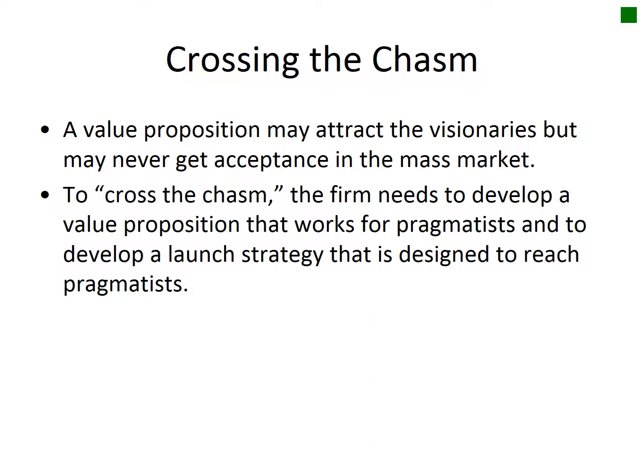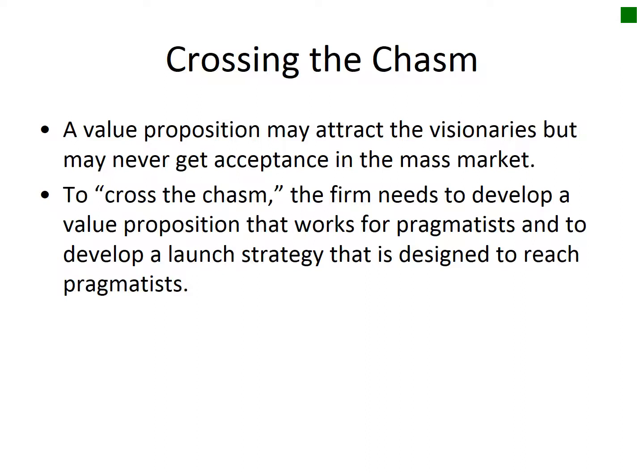To cross the chasm, then, we want to be able to relate our product to the consumer who buys early, the visionary, but then somehow make sure the product becomes relatable to the pragmatist as well. A strong value proposition or positioning statement would include buying motivations for both the pragmatists and the visionaries. But keep in mind, this may be very difficult to do.